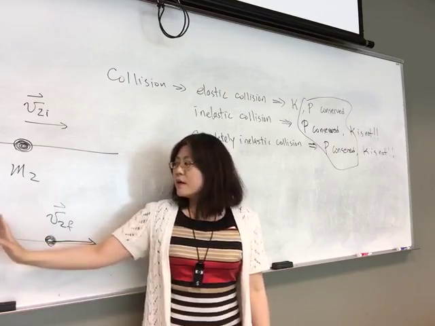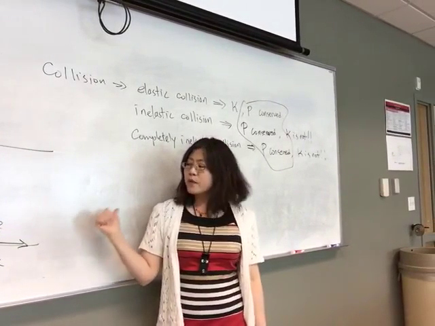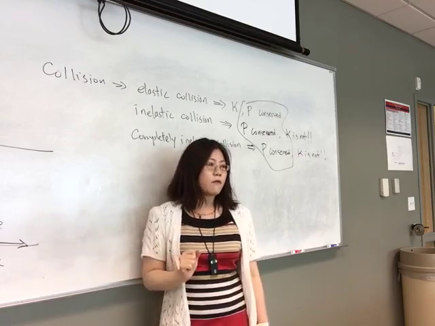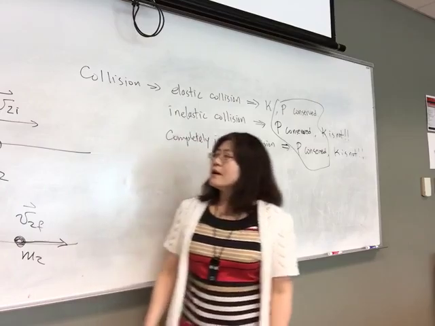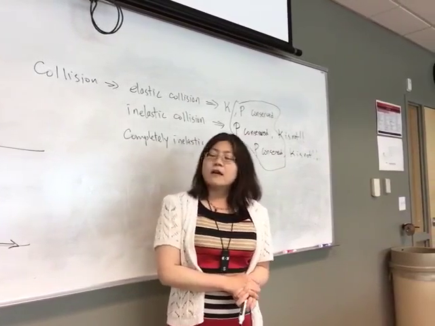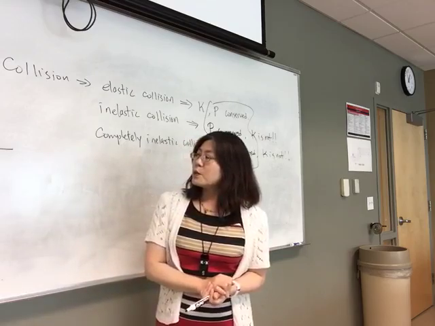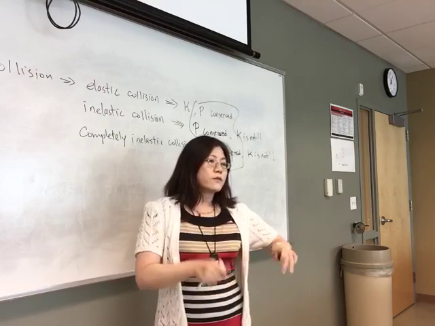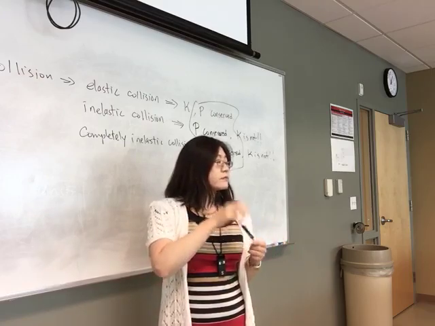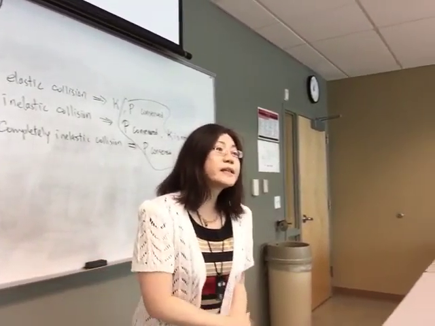After collision, particle 1 moves leftward, and particle 2 continues its track moving rightward, but it changes velocity. And likewise, particle 1 also changes velocity. So how do we set up the equation? Which quantity is conserved? Linear momentum is conserved, right?